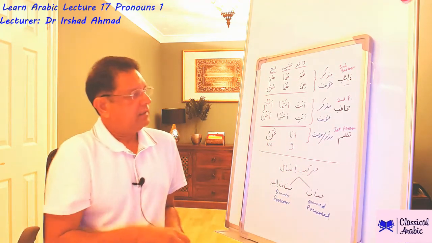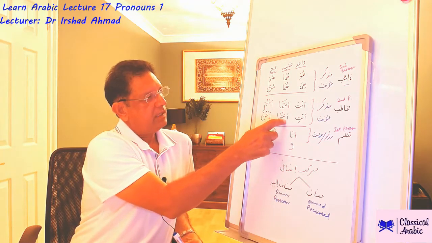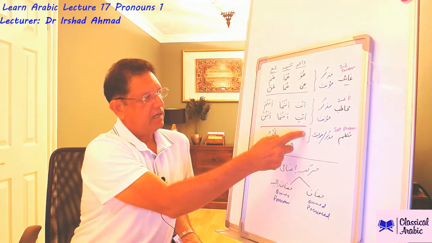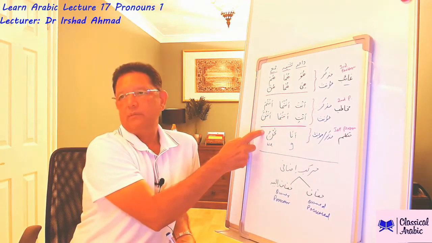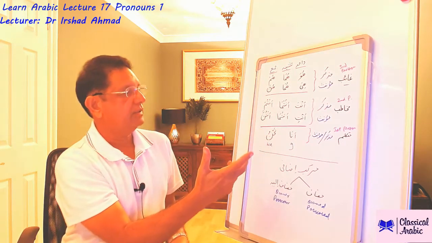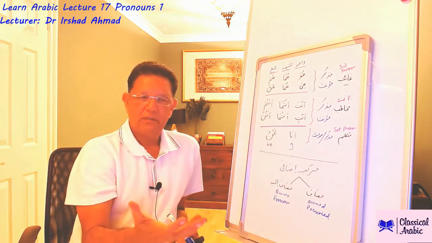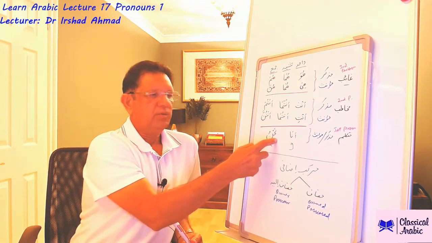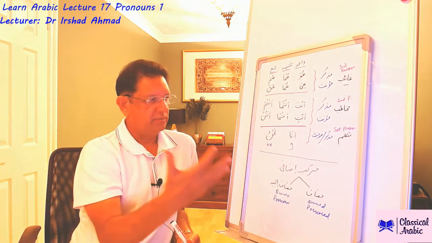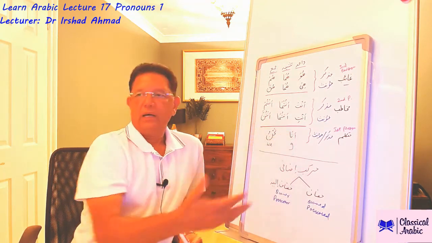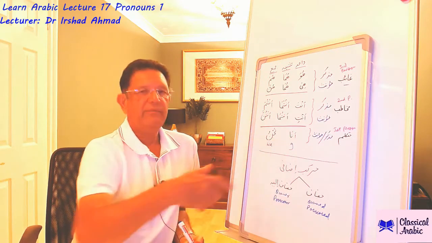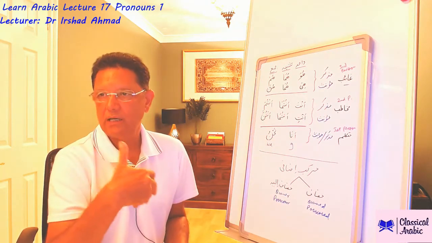In Arabic they do not tend to use separate forms for dual, otherwise it would be ana, nahnu, nahnu. There would actually be 15 rather than 14, but for some reason for first person nahnu is used both for 2 as well as for plural, while ana is for one person. So if I am talking, I will say ana.